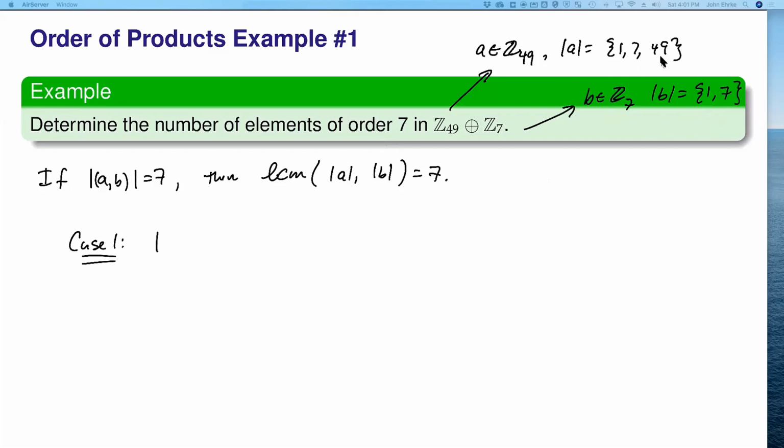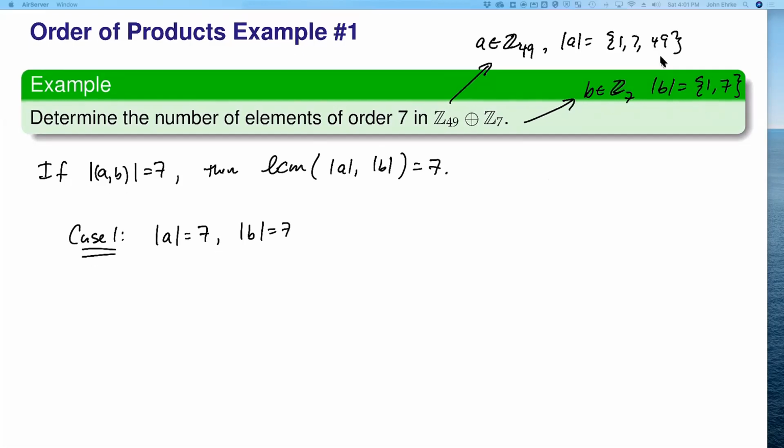So the first case is you've got element A with order 7, and an element B with order 7. Both of them have order 7. The easiest way to do this is to use the phi function. We'll talk about that in the next example, but I just want to list them out so that we understand where this is coming from.